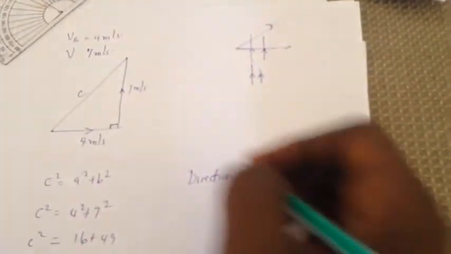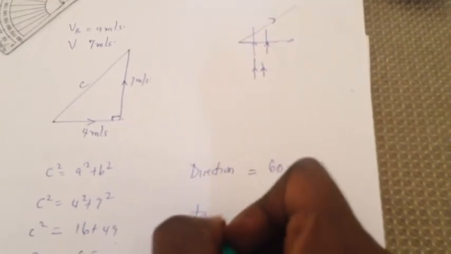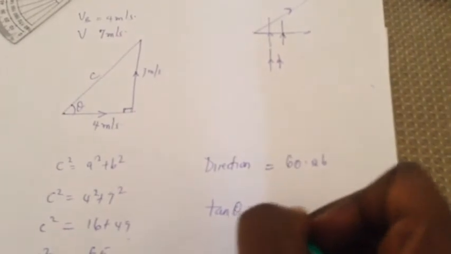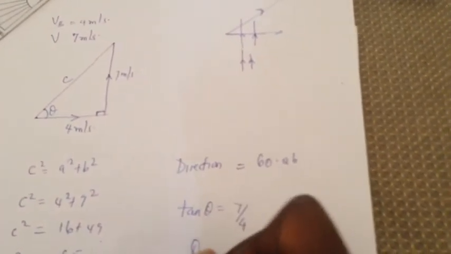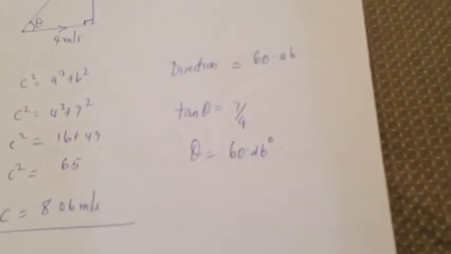Or we can use tan, that is tan theta. This angle here is equal to theta, is equal to opposite, that is 7 divided by 4, from which you're going to get your theta as equal to 60.26 degrees.